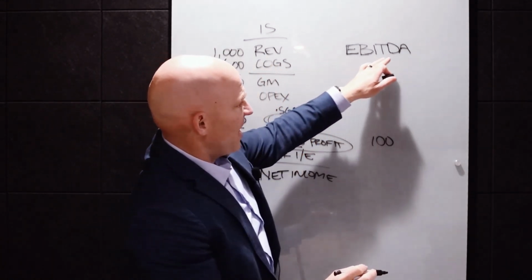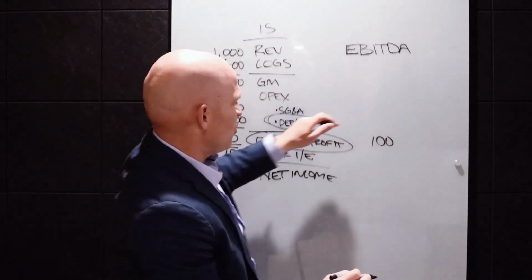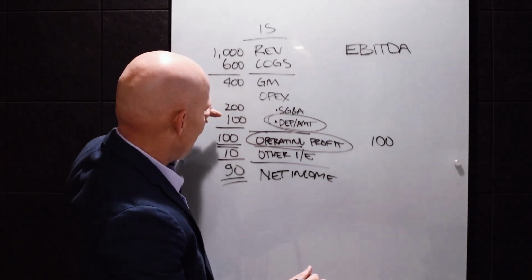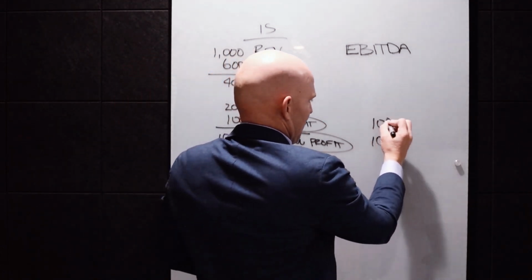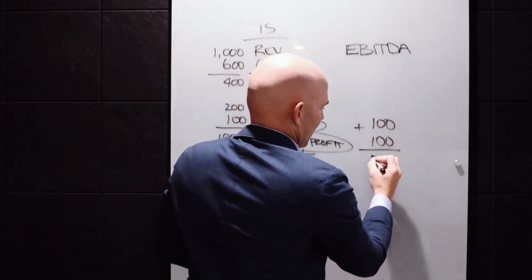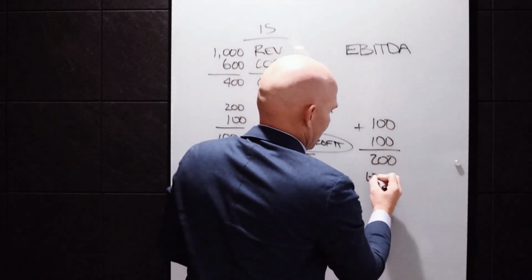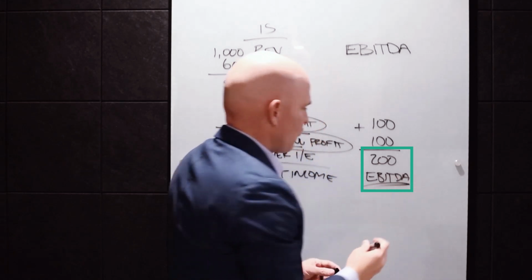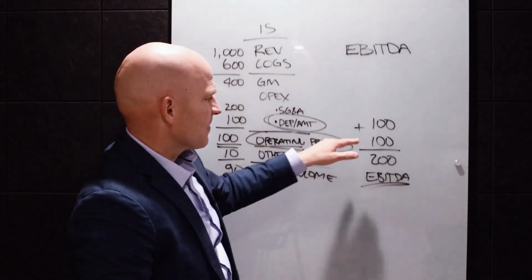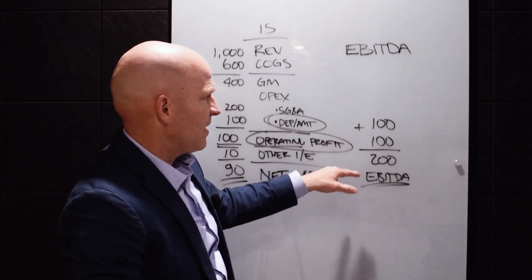Now, that's fine, but we need to add back depreciation and amortization, like I said, because it's being subtracted up above. So if I take this and add it back, then our EBITDA added together is right here, $200.